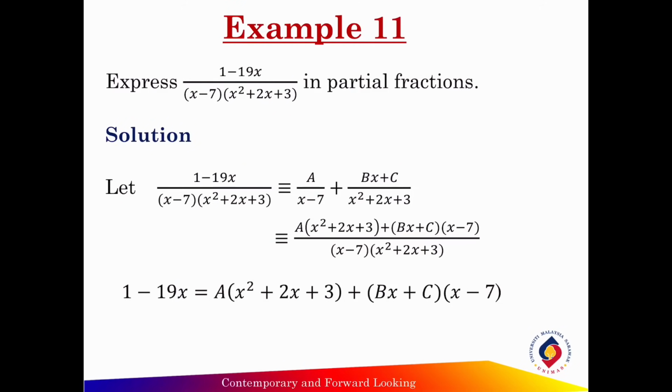So here we have 1 - 19x equals A(x² + 2x + 3) + (Bx + C)(x - 7).